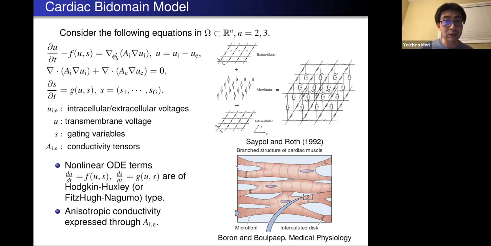So this term, divergence of A_I grad U_I, is just the conservation relation for the ohmic current that is flowing through the intracellular space, and this is equal to ∂u/∂t minus f(u, s). The ∂u/∂t corresponds to the capacitive current that is passing through the membrane. And f(u, s) corresponds to the ionic channel current that is passing through the ion channels through the membrane.